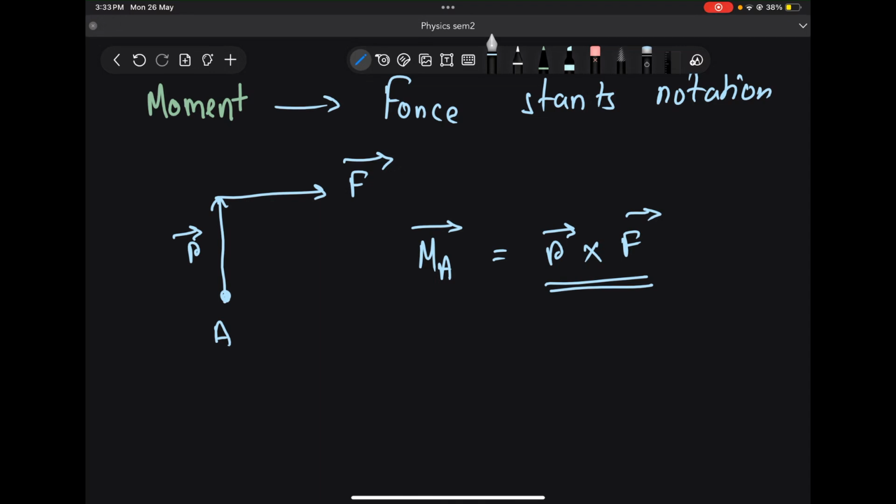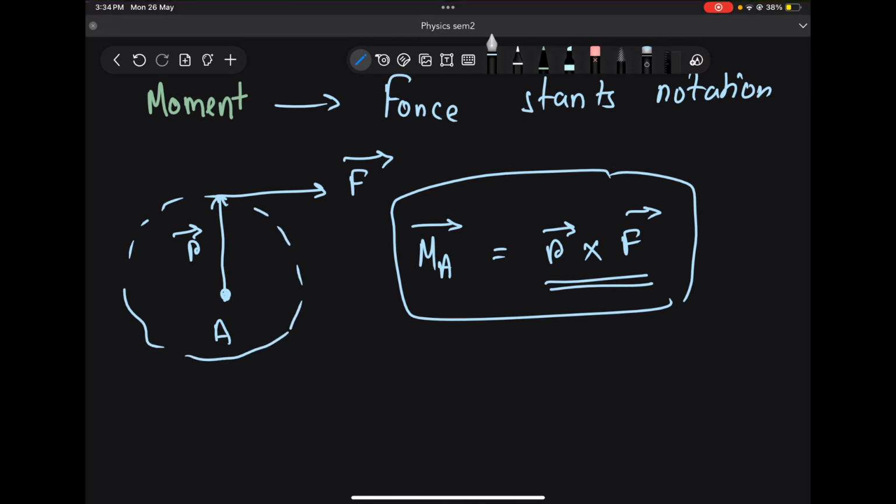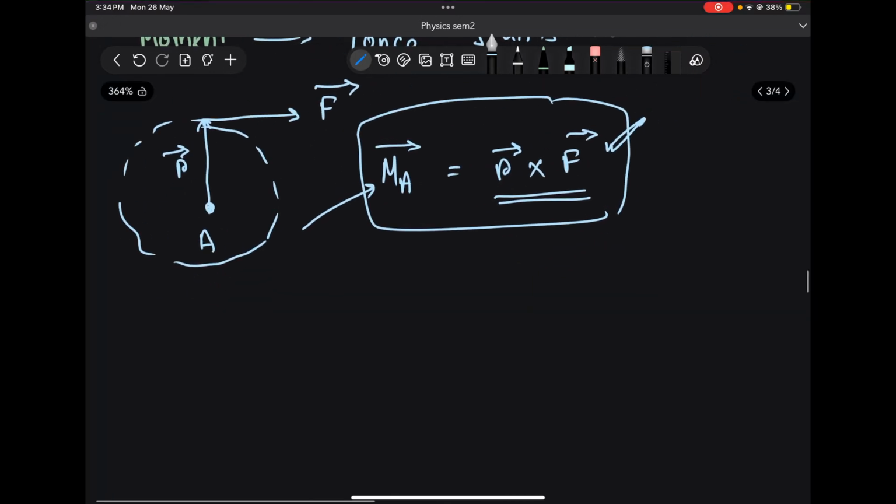Now what is this implying? That if let's say this were a body of some sort, then this force will be producing this much torque about the point A, or that means it will make the body rotate with this much force about A.